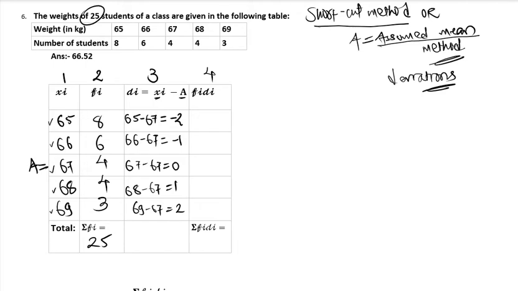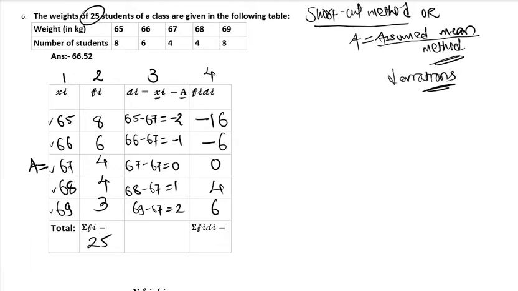Now I have to multiply these deviations with the frequencies. So 8 into minus 2. FiDi, right? So Fi is 8, Di is minus 2. 8 into minus 2 is minus 16. 6 into minus 1, minus 6. 4 into 0 is 0. 4 ones are 4 and 3 twos are 6. See, so easy the calculation has become. Now I have to add all FiDis.